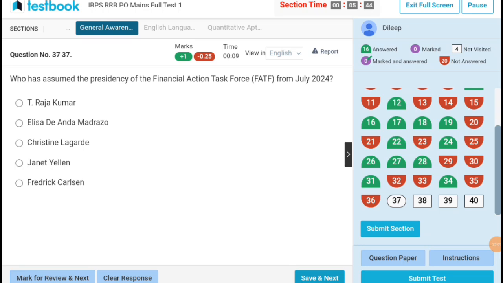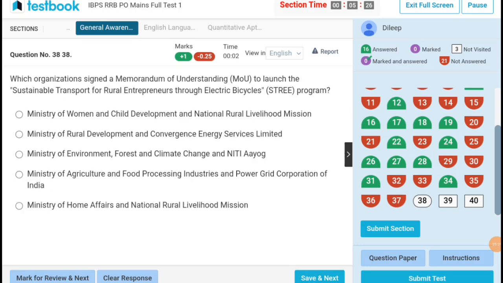T. Rajakumar, I think. Who has assumed the presidency of the Financial Action Task Force? Christine Lagarde or... I don't know. Next.